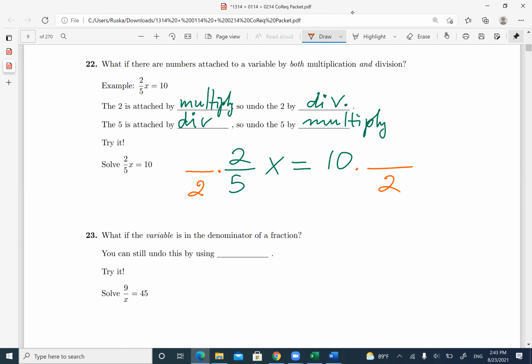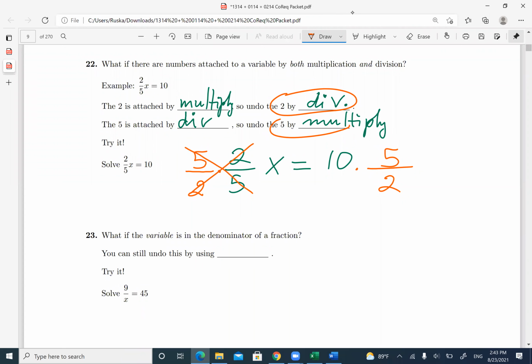Divide by 2, and multiply by 5. Multiply by 5 means 5 up and 2 down. So technically what you're doing is multiplying by the reciprocal of the fraction next to x. You're dividing by 2 and multiplying by 5.